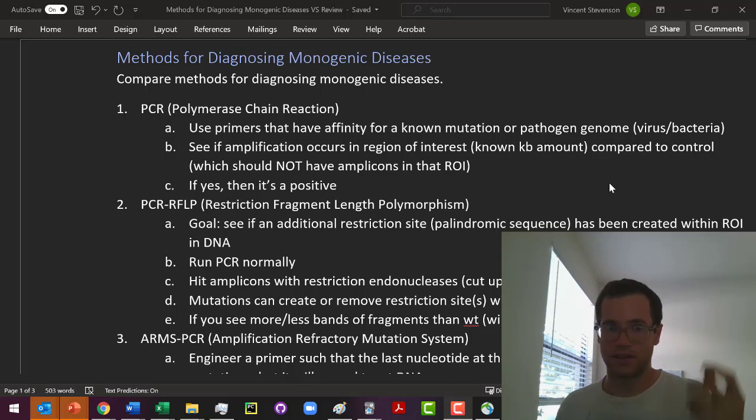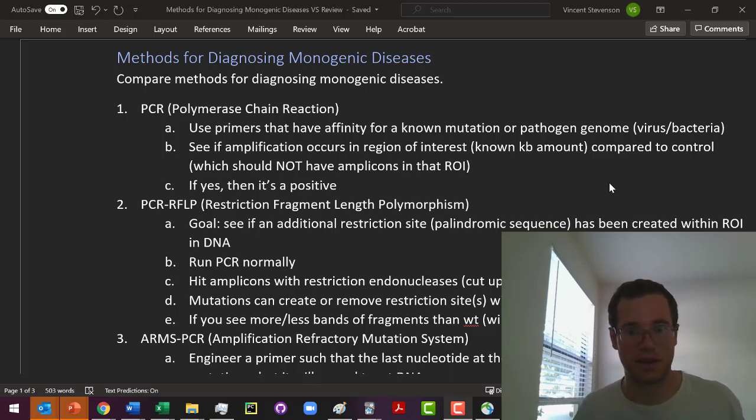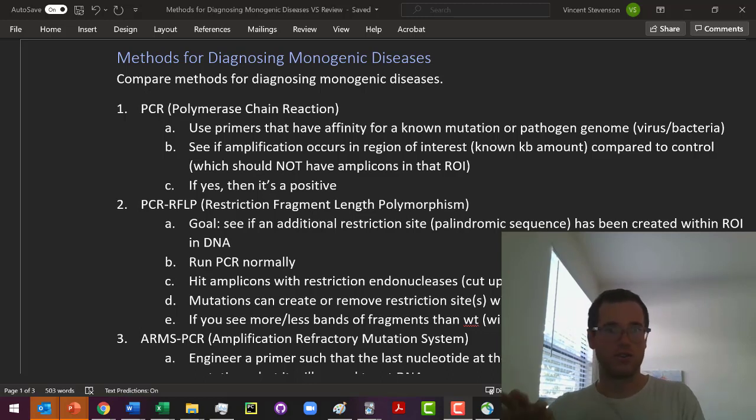I want to make note here that this is a very specific type of mutation, and we already know it beforehand. So we know that it will affect the restriction fragment count, and this is how this method works. If we do or do not see a band where we expect to see it, that's indicative of someone having a genetic disease, a monogenic disease.